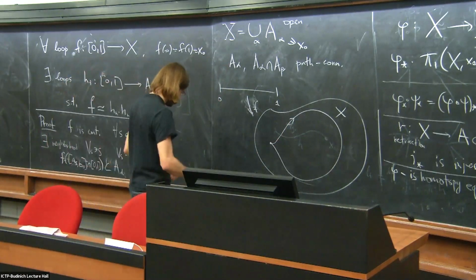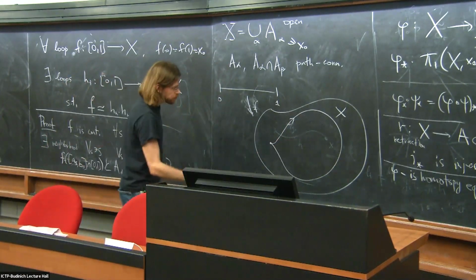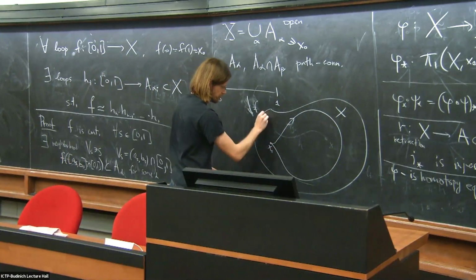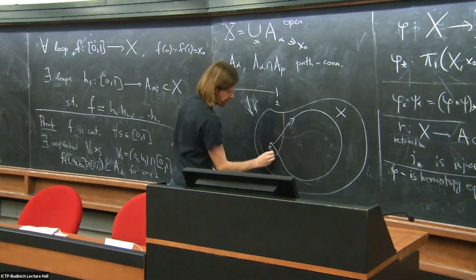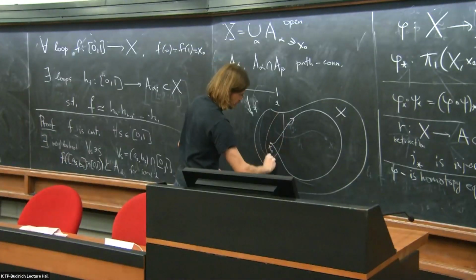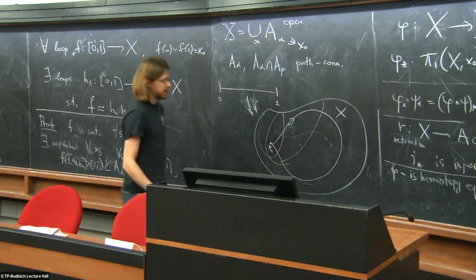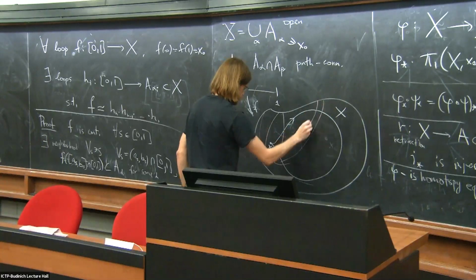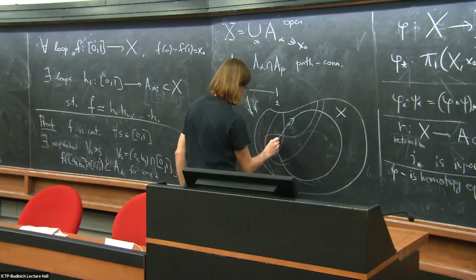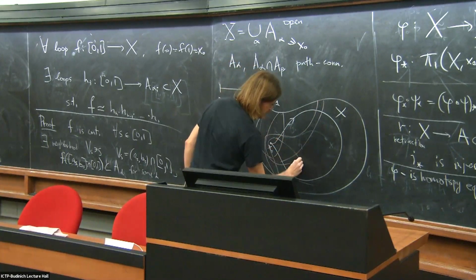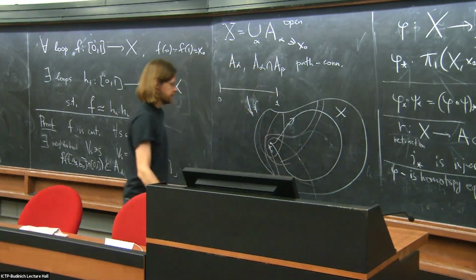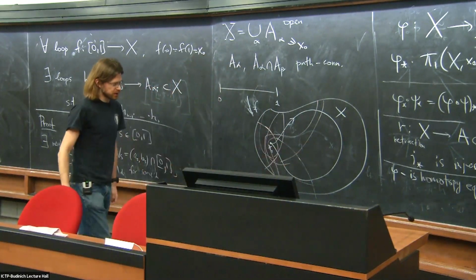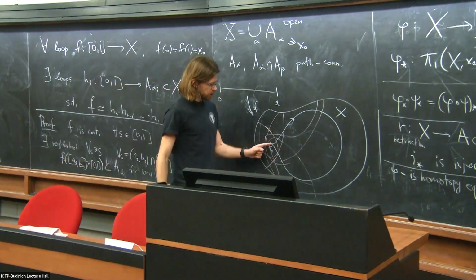And then we have x0 and some cover of all of X by our A alphas, which looks something like this, a schematic picture, and they all contain this point.